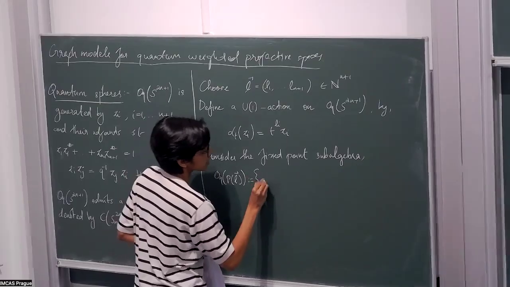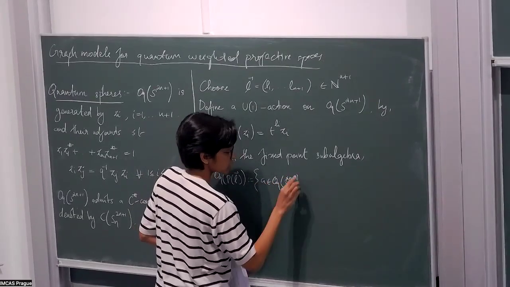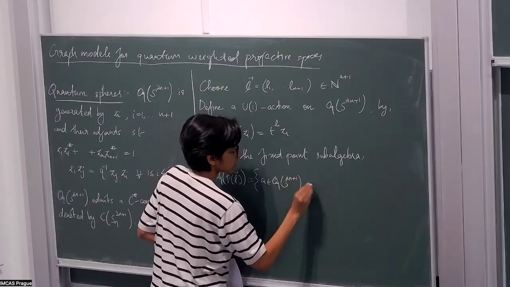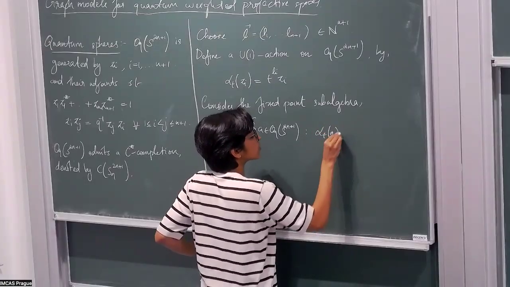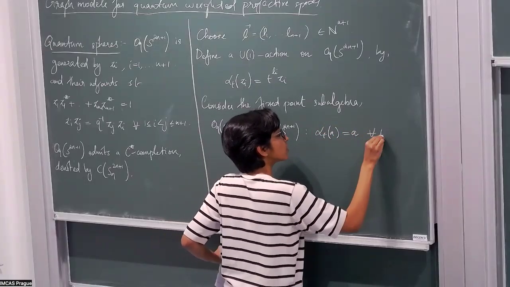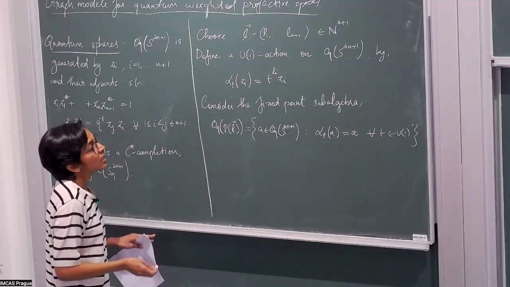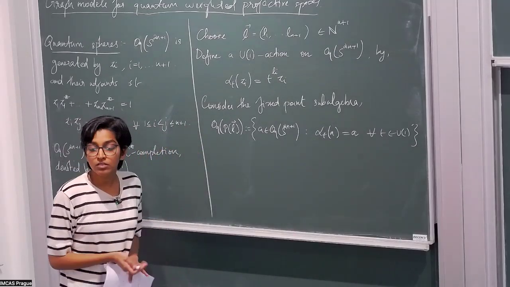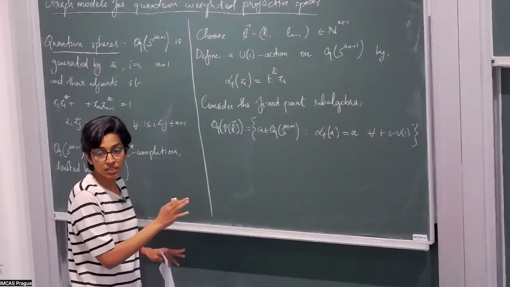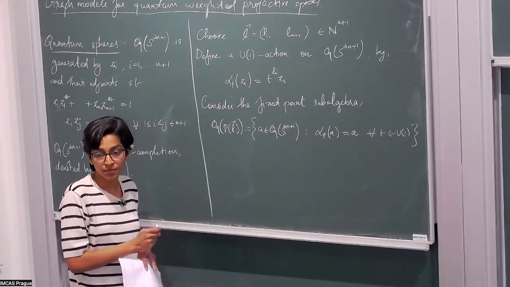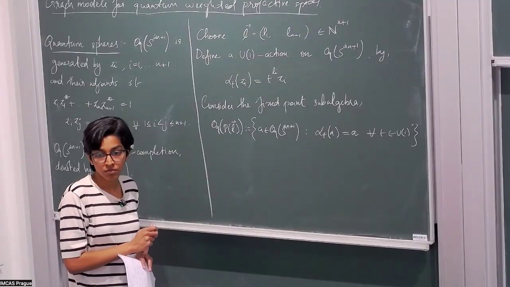This is just the elements a in the odd-dimensional sphere such that alpha_t of a is equal to a for all t in U(1). This is just a star algebra.